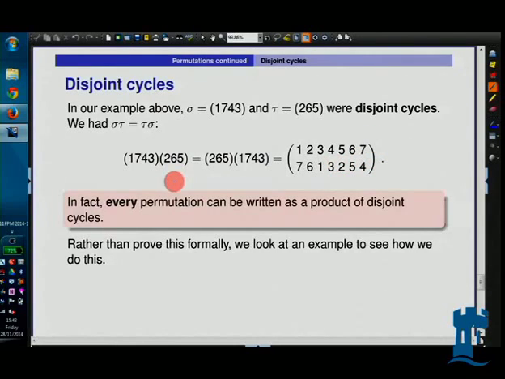Now, every permutation can be written as a product of disjoint cycles in pretty much a unique way. You can also write them as products of cycles that aren't disjoint. Like if you're going to write them as a product of transpositions, 2 cycles, it's very likely you're going to have some overlaps, and not disjoint at all.